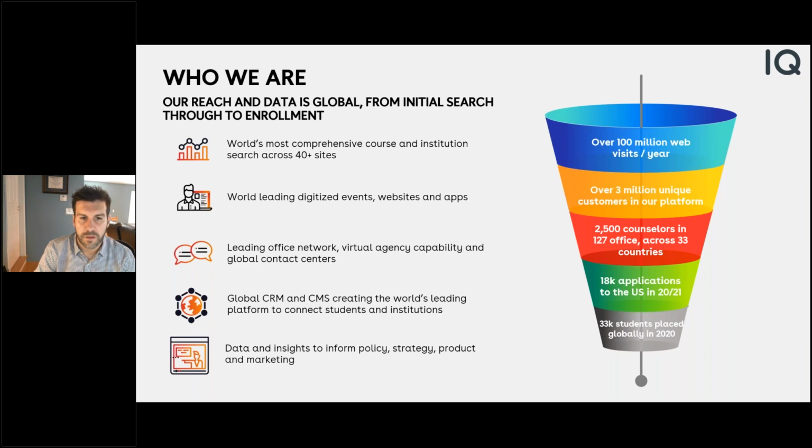Much of that is driven through our extensive counseling network of 2,500 counselors in almost 130 offices in over 30 countries. Last year, those counselors processed 18,000 applications for the US, over 200,000 applications globally, and placed 33,000 students around the world into English-speaking destinations.